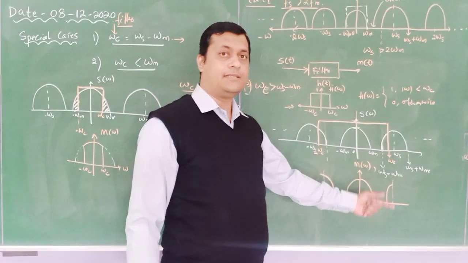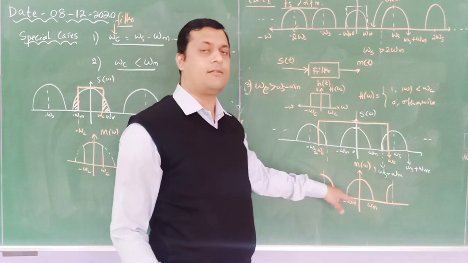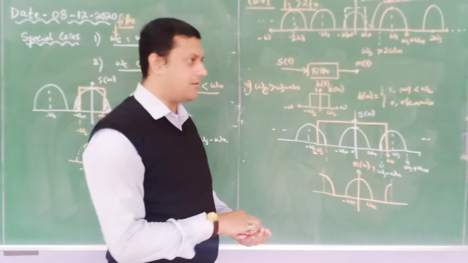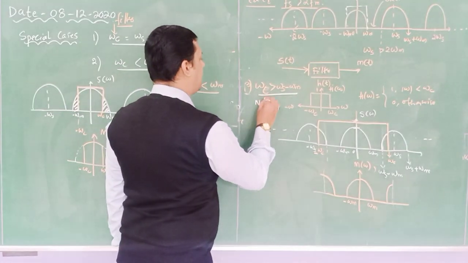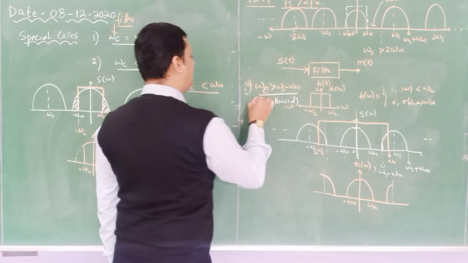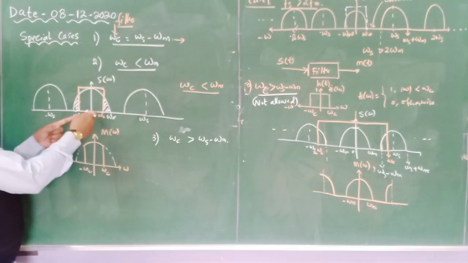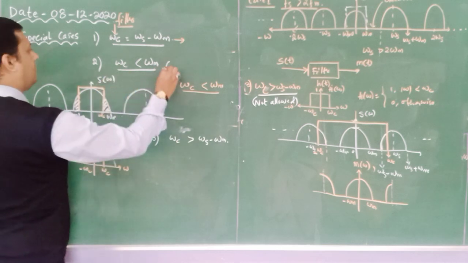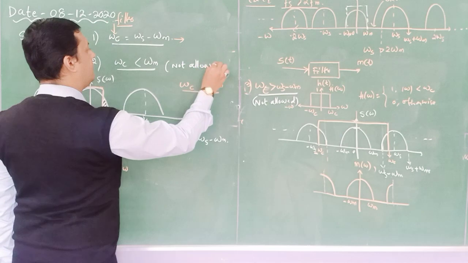Additional information means it acts as noise, which will deteriorate your message signal, and we cannot recover the original message component. So this case is also not allowed for the practical case. This is not allowed. Similarly, here we are missing our information. So this case is also not allowed for practical usage.